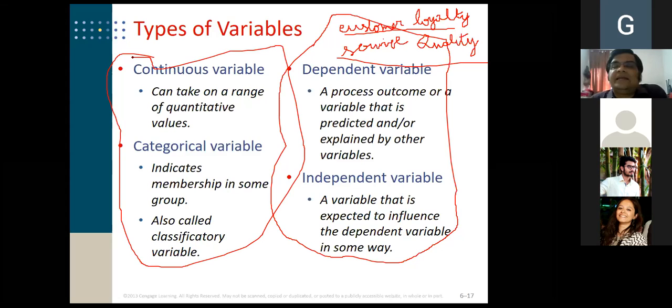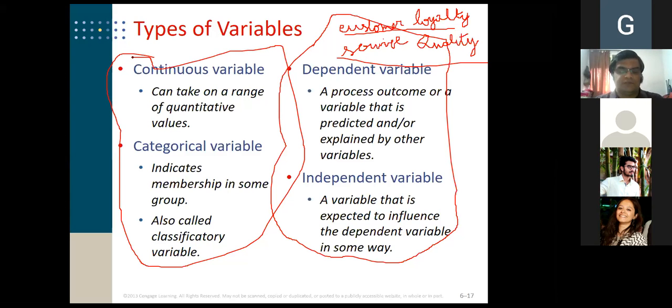Any idea about continuous variable and categorical variable? Can anybody explain in one or two sentences what a continuous variable is and what a categorical variable is?